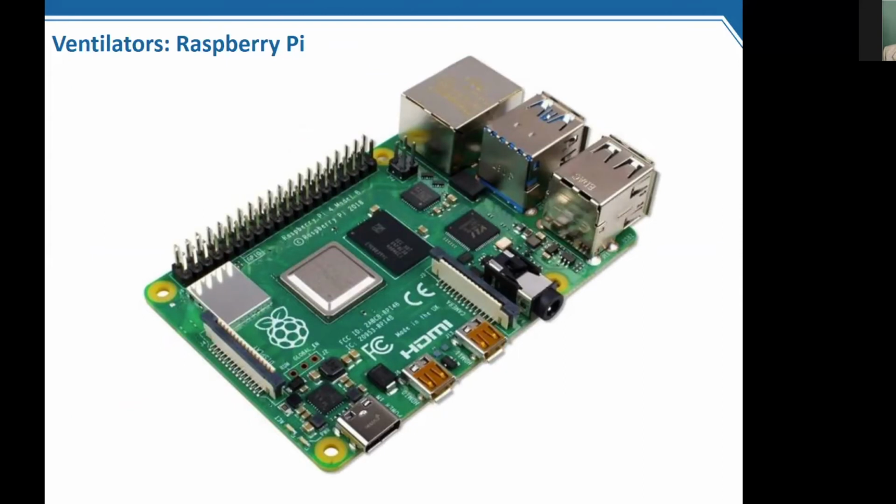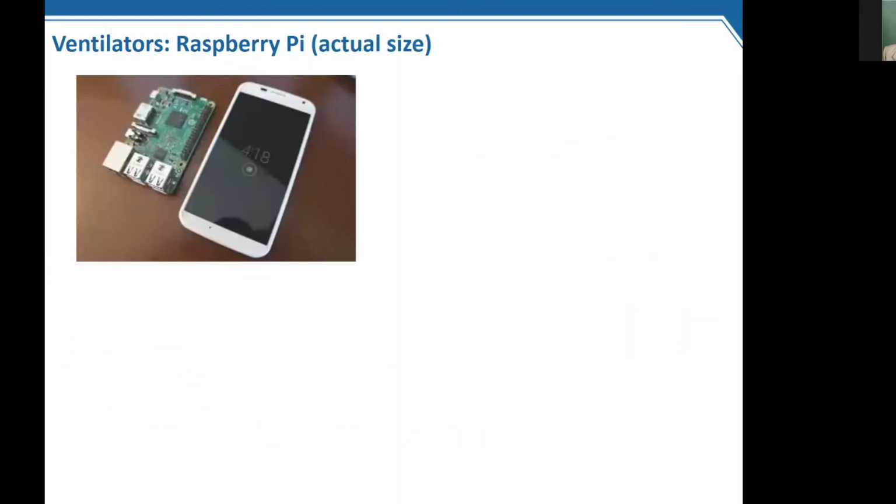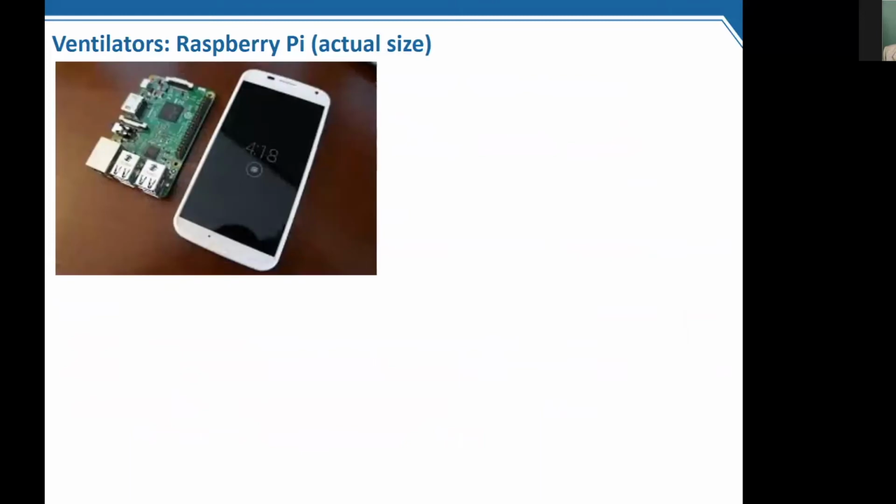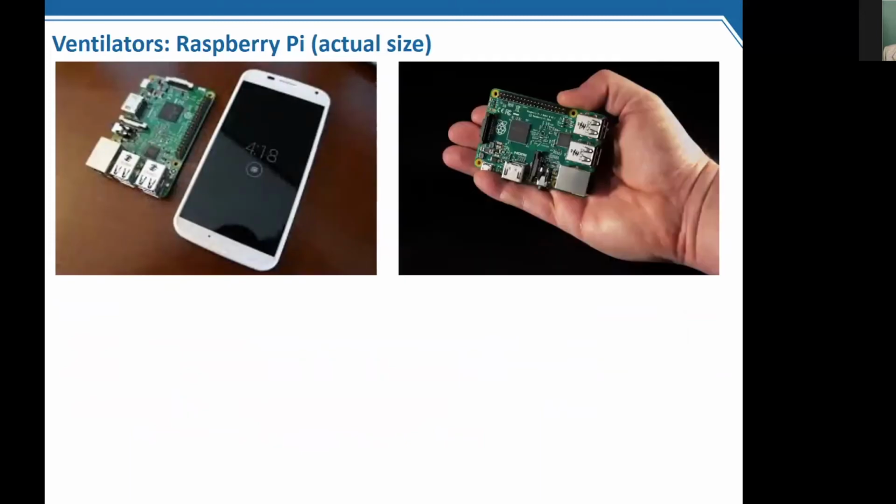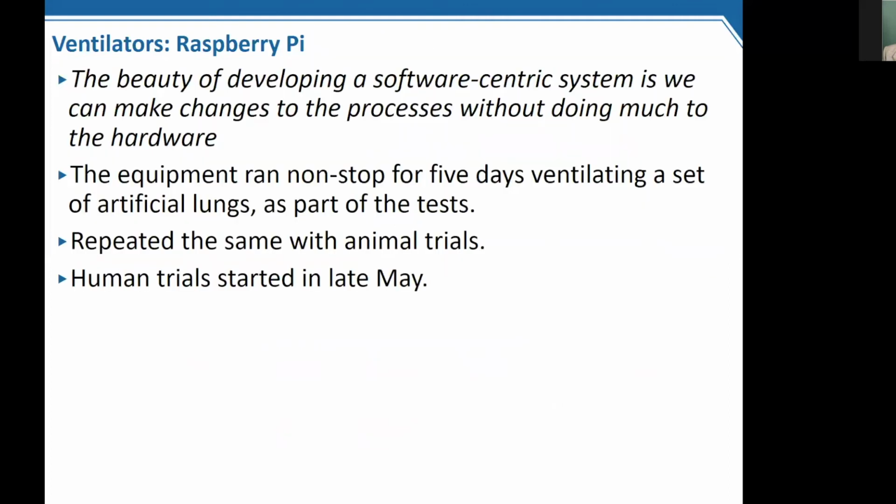It's got USB ports, HDMI ports, in fact, everything that you need to run a small handheld computer. Here's the actual size. As you can see, it's smaller than a smartphone, or fits in the palm of a large person's hand. And with that hardware that is pretty reliable and works, the key is all the software, the open source software.